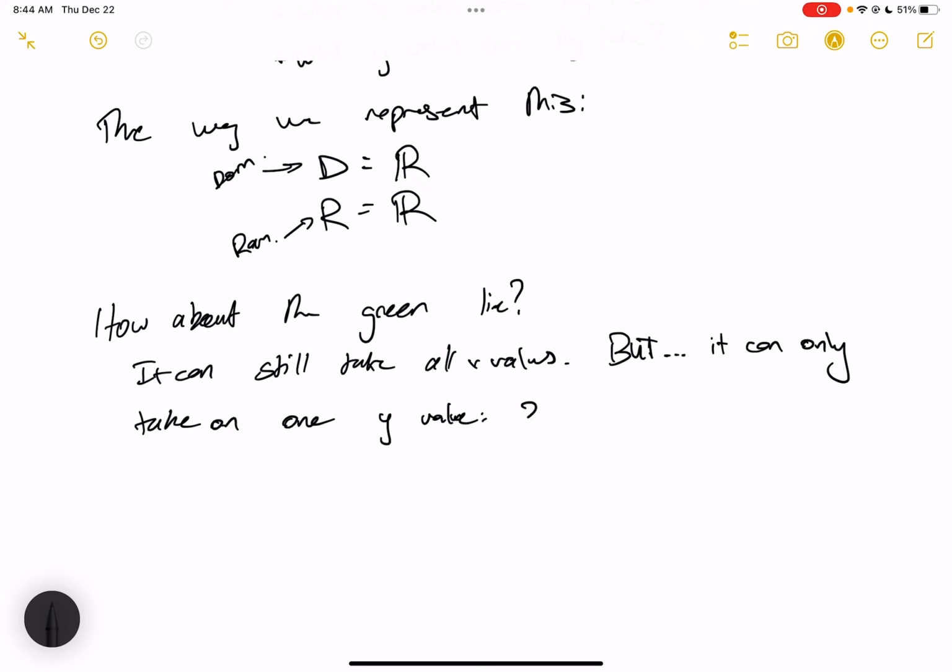That y value is 3. So how do we represent it when it's only one singular value? Well, let's represent it. First of all, the domain is still all real numbers.